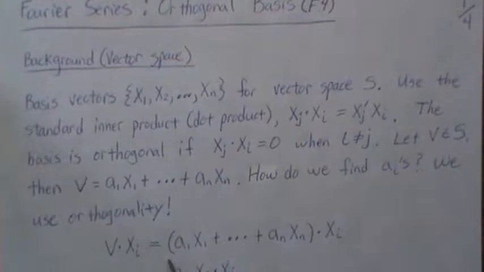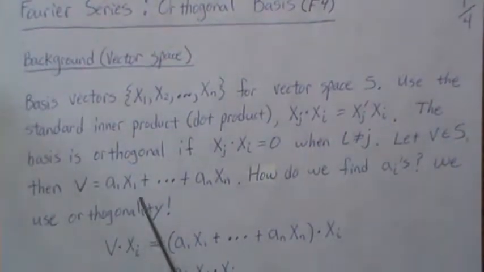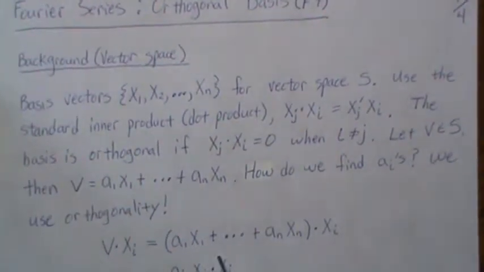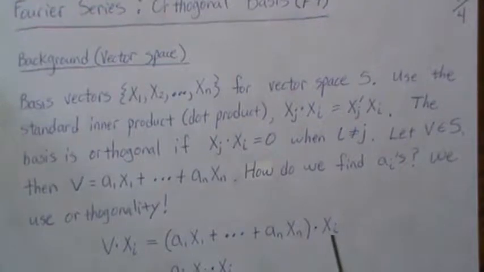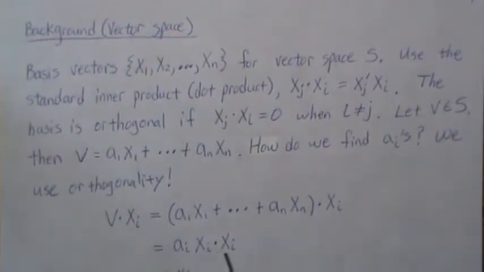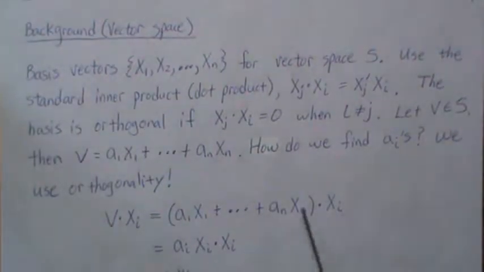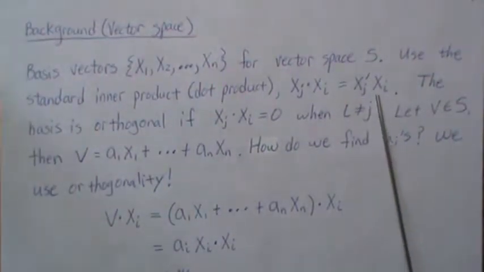When we dot it with V, it goes into each one of those terms, and if it's not the same vector, it's zero. So the only one that's non-zero is the ith vector dotted with itself, which is non-zero. Now this is a number, as you can see right here.